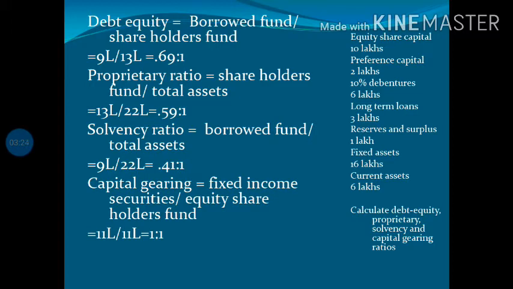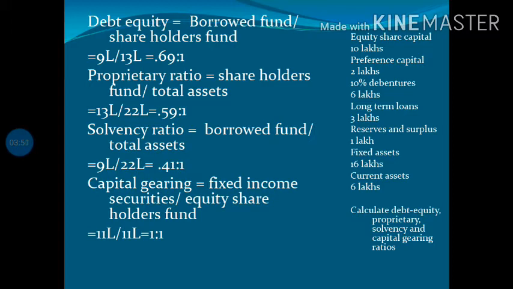So these two items are there, debentures and loans. 6 lakhs plus 3 lakhs, 9 lakhs is borrowed fund, divided by shareholders fund, which includes equity share capital 10 plus preference share capital 2, 12, then reserves and surplus 1, 13 lakhs. So 9 lakhs divided by 13 lakhs, 0.69 to 1 is the debt equity ratio.